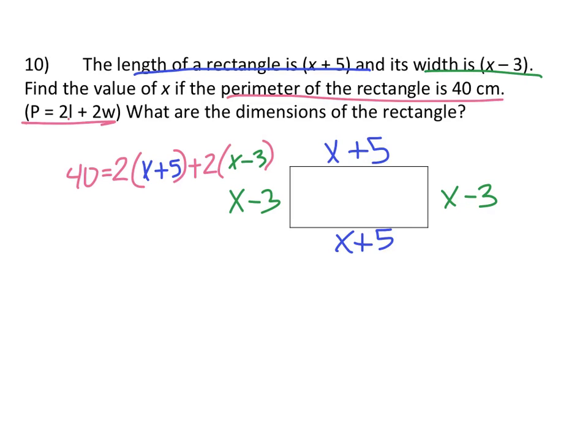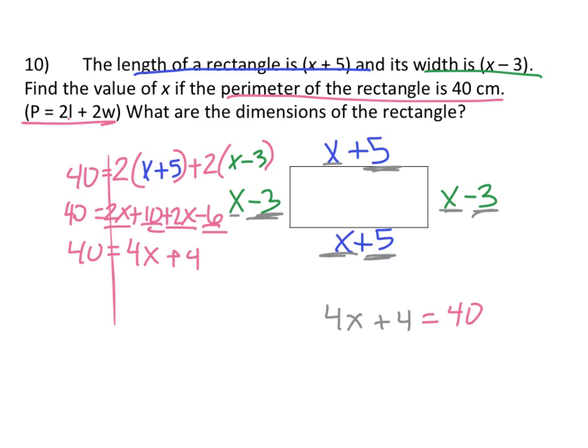Or, if you opt to use the picture, you go around and combine all your x's together, which makes it 4x. Combine all your constants together, which makes it a positive 4. And it's the perimeter, which means altogether it's going to have the value of 40. If you went and distributed, you're going to get the same answer.